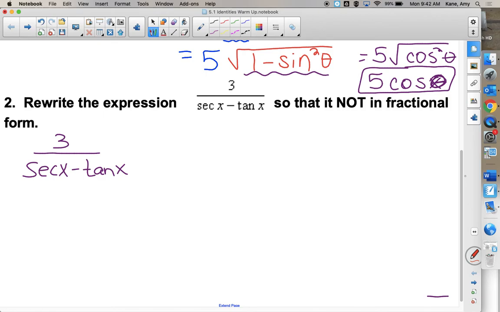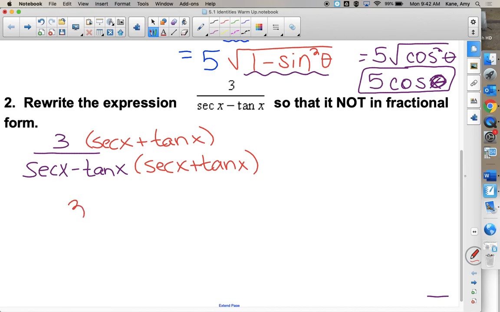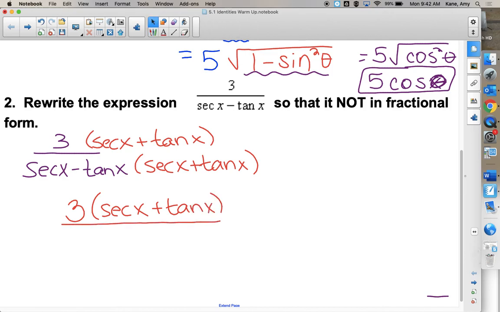But we can use the conjugate, which would be the secant plus the tangent. So on the top, I'm going to just leave the 3 outside. And then the bottom, when you multiply that, secant times secant is secant squared.